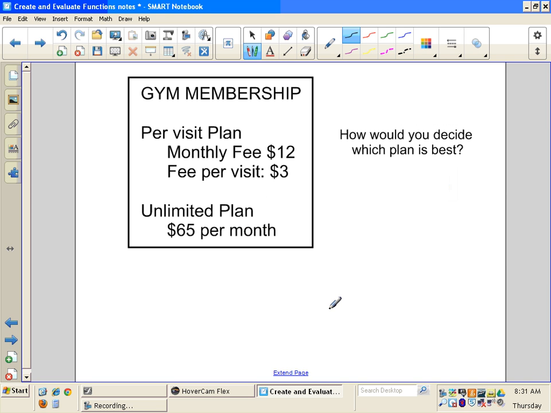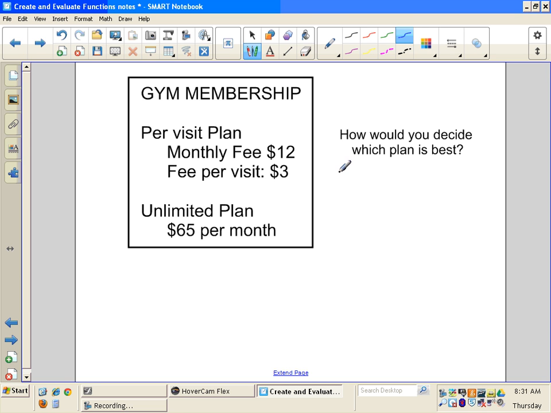Here's another example. We have a gym membership plan, and it says per visit plan, monthly fee is $12, fee per visit is $3. Or you could use the unlimited plan, which is $60 to $65 per month. How would you decide which plan is best?